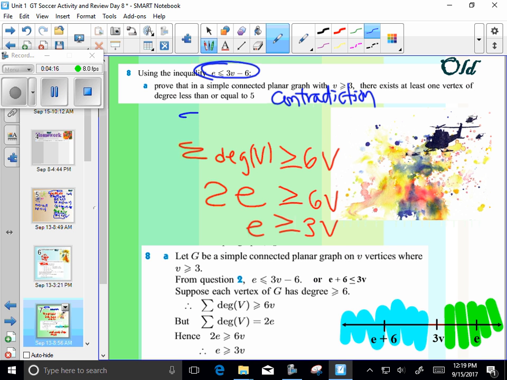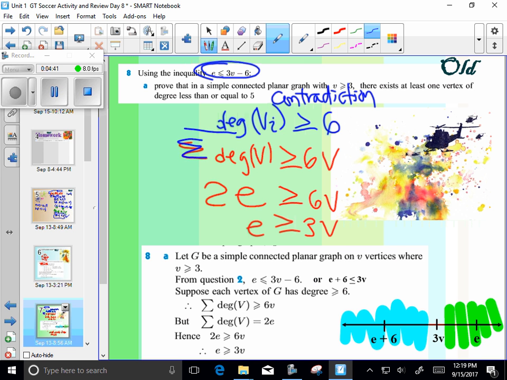And so you could do what we did just before. The degree of each vertex is going to be greater than or equal to 6. Then I'm going to multiply by how many vertices we have, just like we multiplied by how many faces there were. And that'll give me the sum of the degrees of all the vertices.